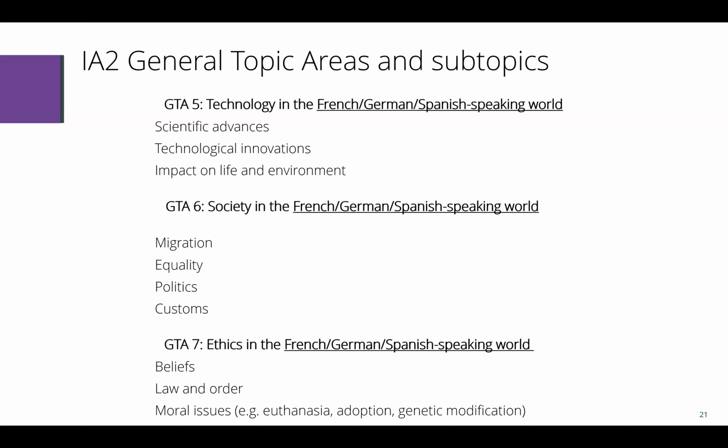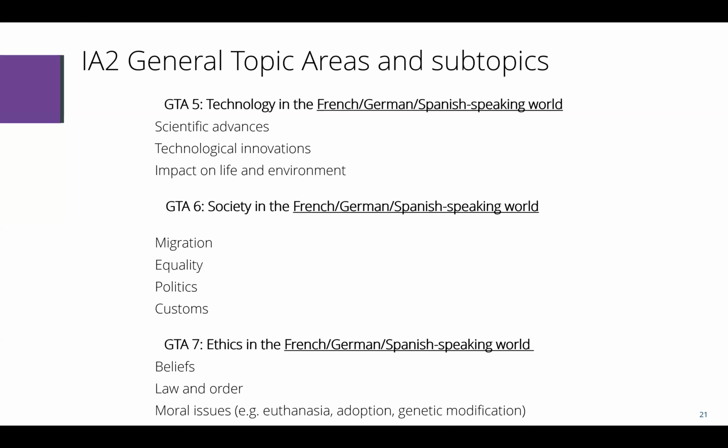And so you can see these three here, the technology, the society, and the ethics, those are all within the target language speaking world. Very, very important point there in terms of what you teach, particularly when we talk about Unit 3. So you have to cover these three, and there are some quite gritty issues.